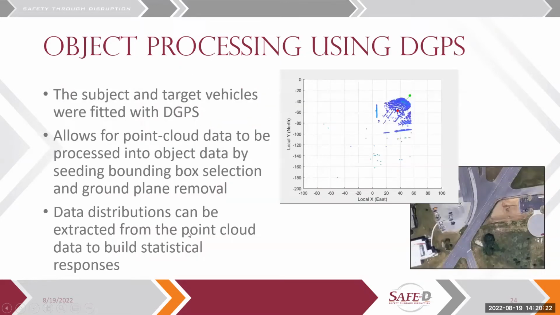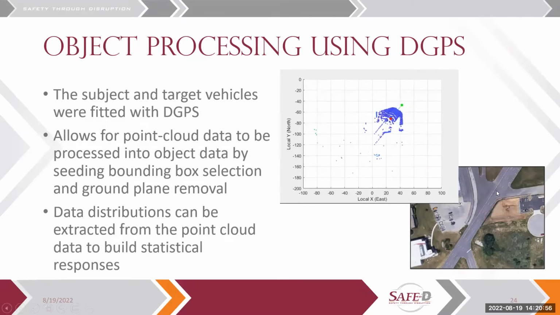Once we capture the data in those functional tests, we need to work on extracting all the information into the target objects of interest. With the subject and target vehicles both being fitted with differential GPS, we were able to accurately mark and bound where the target vehicle is within the point cloud of data.